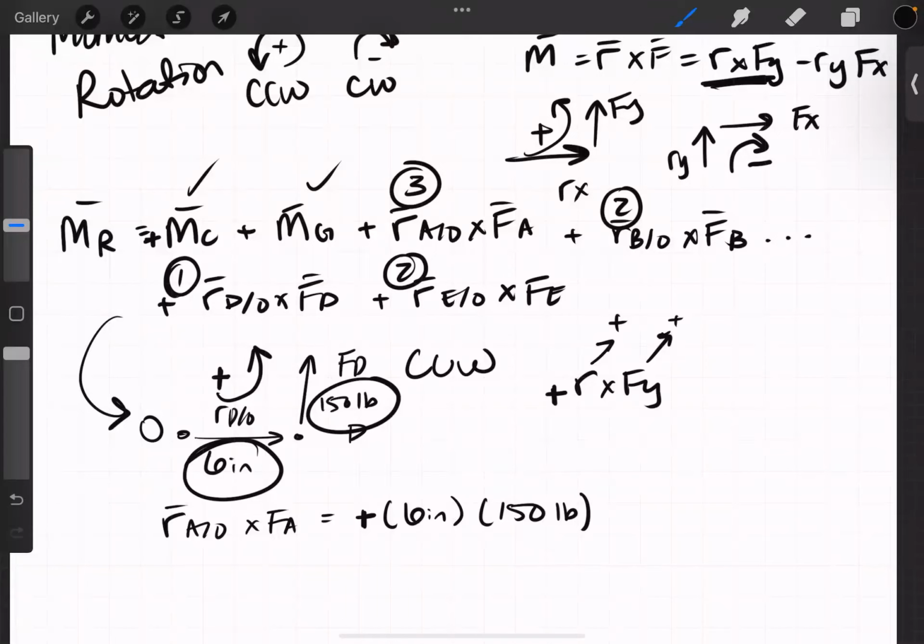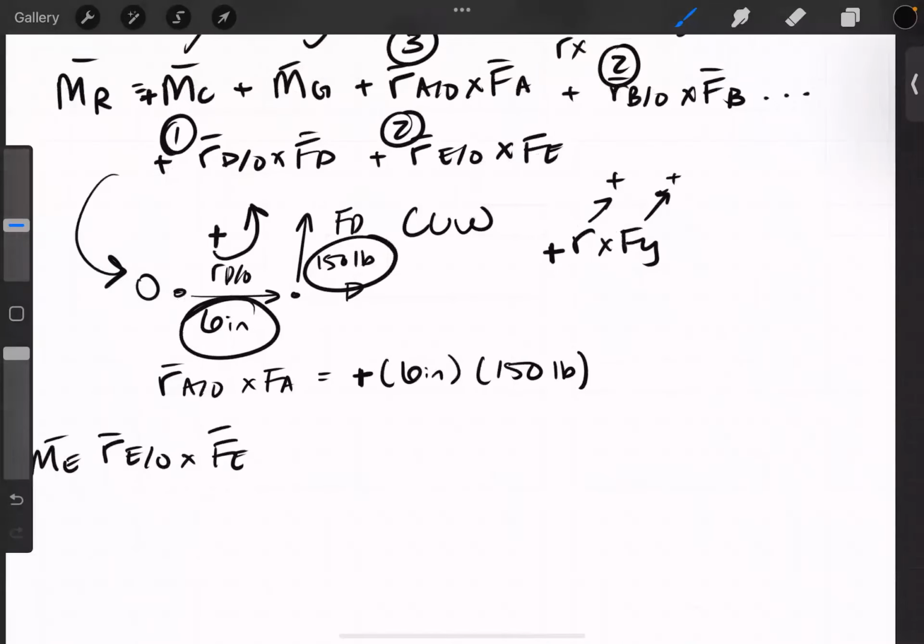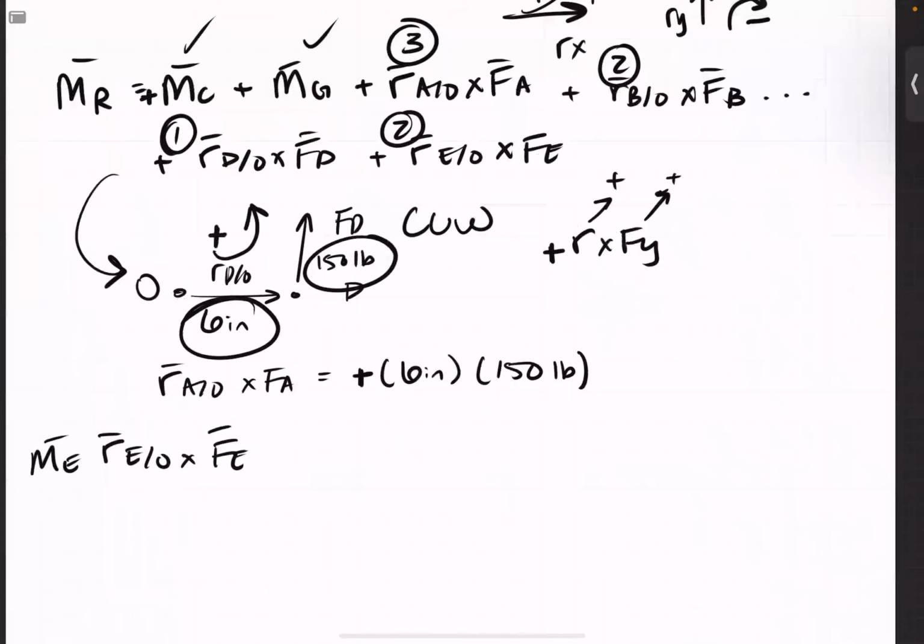For the second level of difficulty, we will go with RE with respect to O crossed with F of E. So that's moment of E. Point E, point O, 12 inches, and 250. We know that we need right angles.